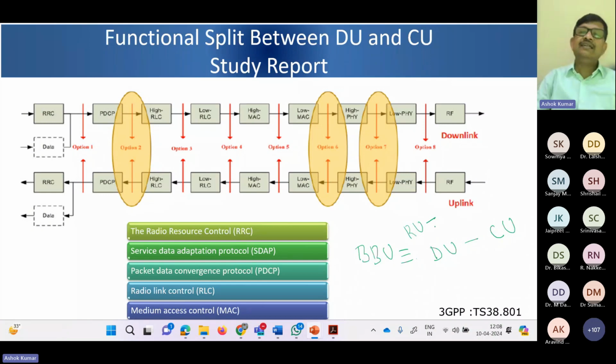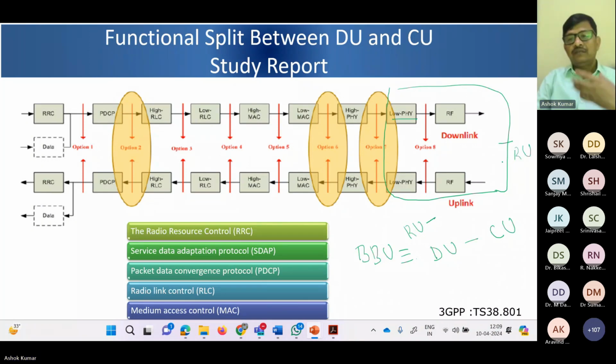So I can decide that the lower part of the physical layer and RF I can put in the RU. That means antenna, RF, and the lower part of the physical layer are handled at the RU location.